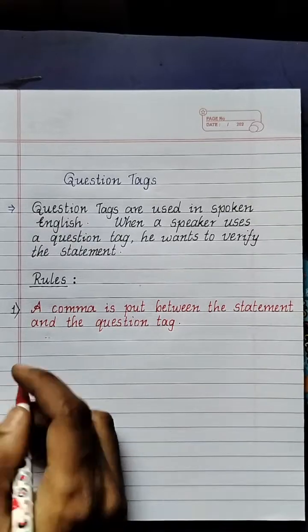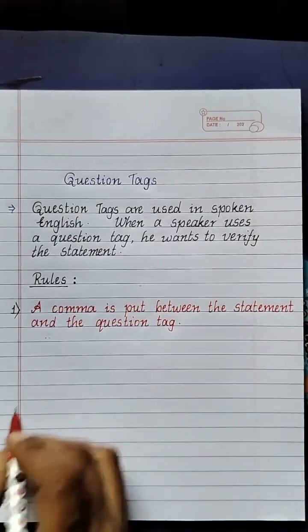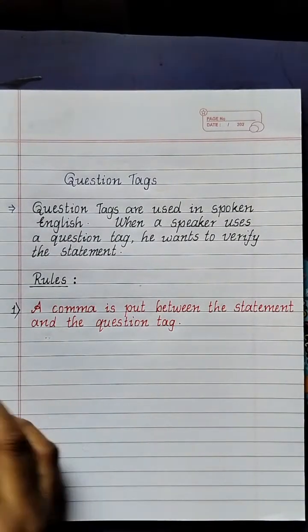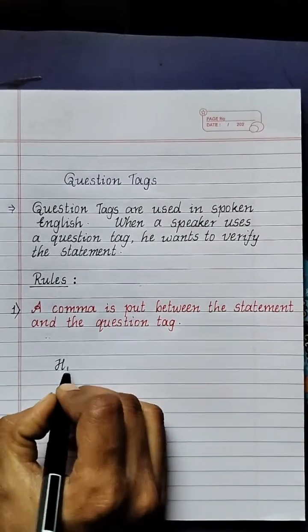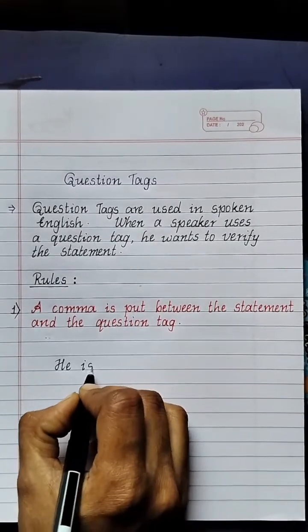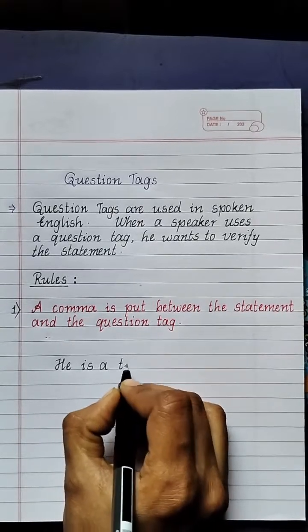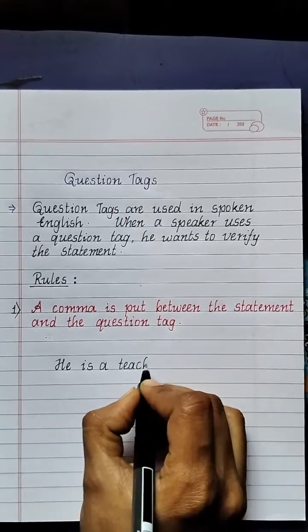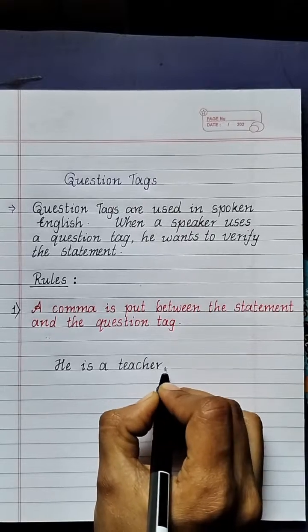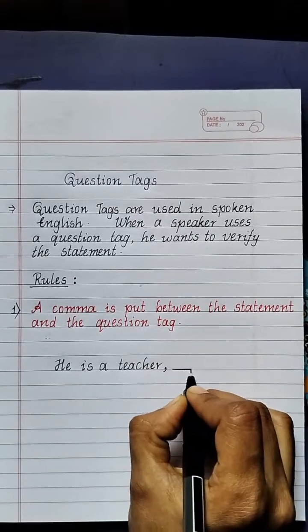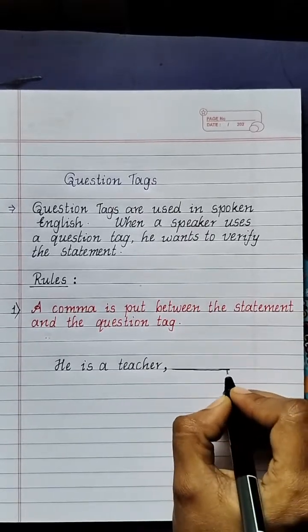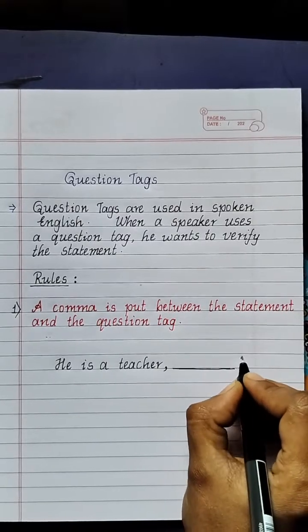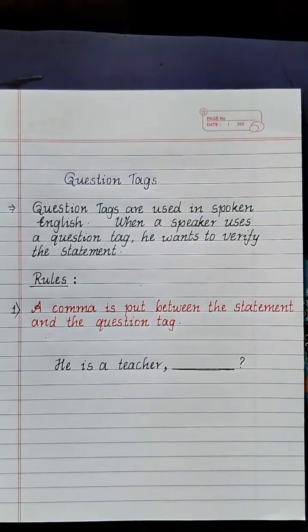For example, have a look here. I want to show you one example. He is a teacher. Here, comma. After that, here we put the question tag. After that, there is a question mark.